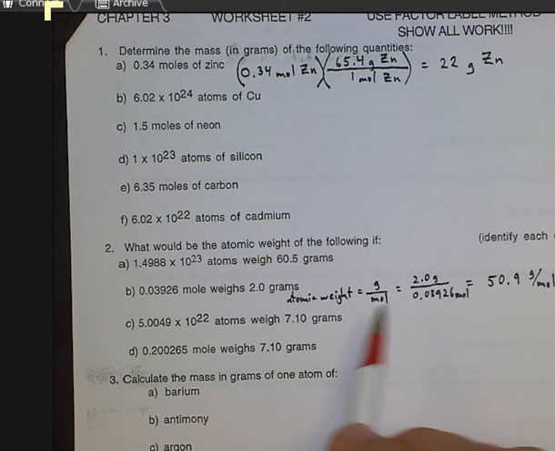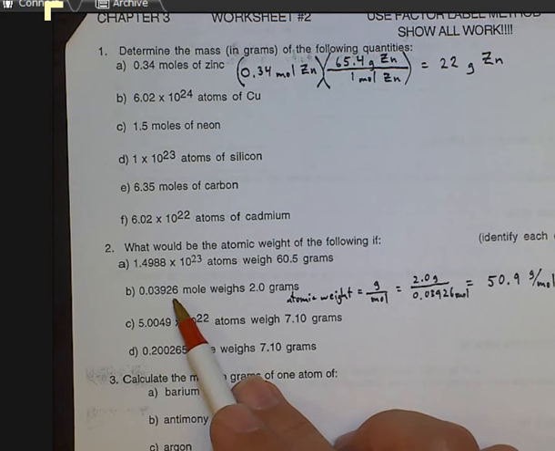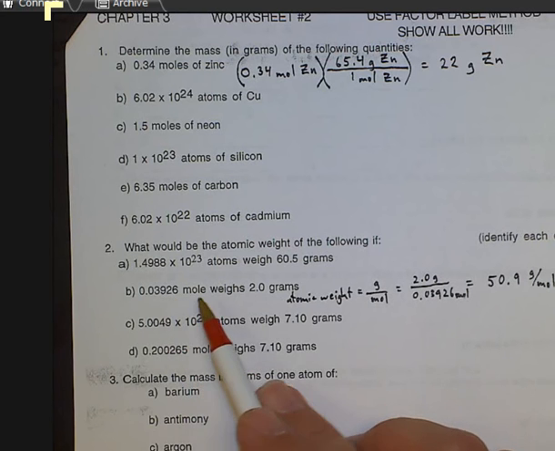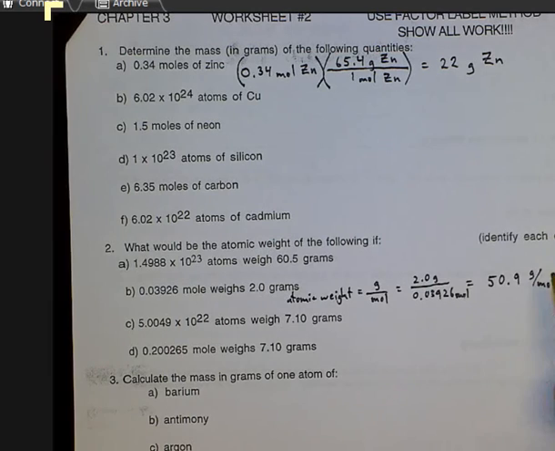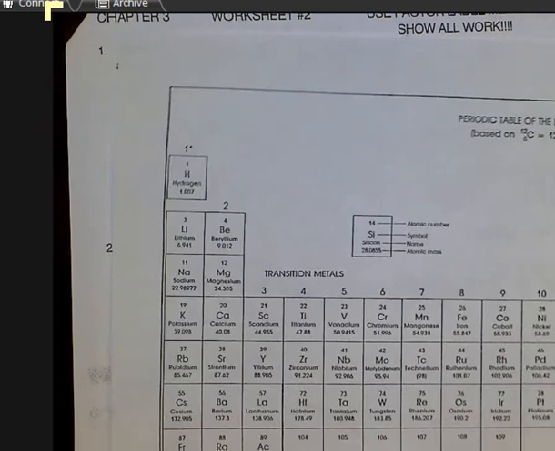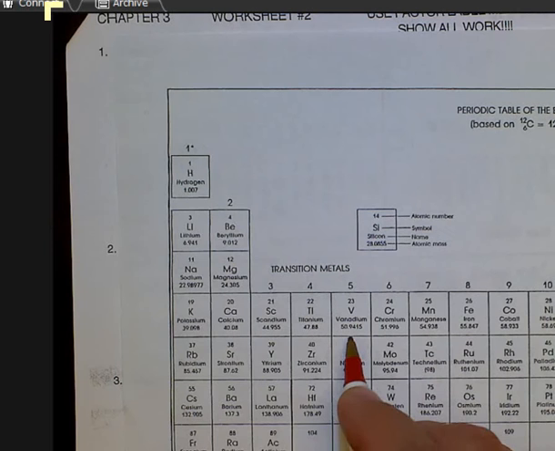If we look at the example done here in 2b, you're given grams and you're given moles. So all we have to do is set up that fraction, divide, and find the number 50.9. And then we're going to look on the periodic table, and we're going to see that 50.94 is the molar mass of vanadium.